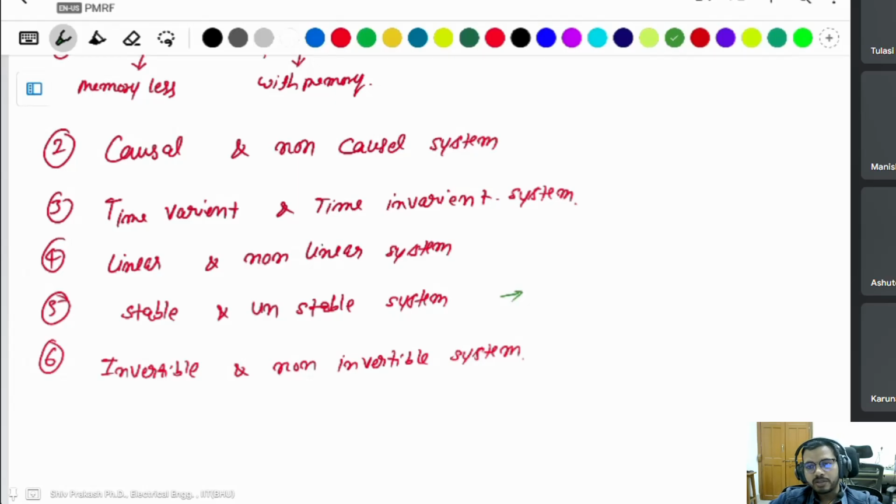But if any system is given a bounded input, but gives an unbounded or infinite output, then this will be an unstable system. Invertible, non-invertible: if you give some positive input, then the system will give a negative output, then the system will be invertible. It will reverse the sign.